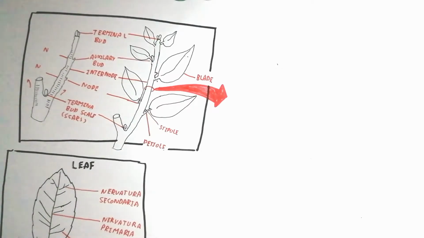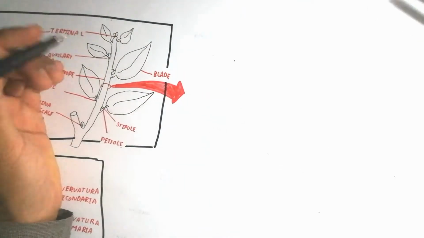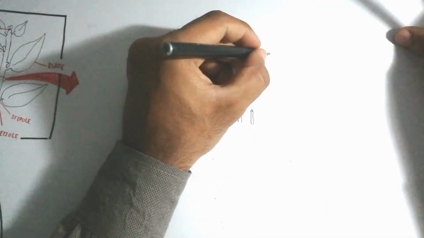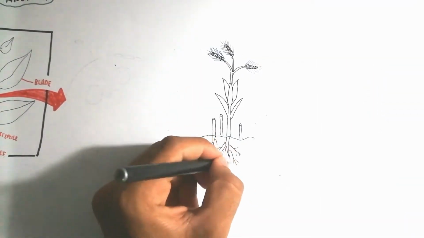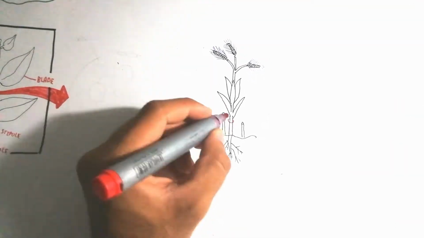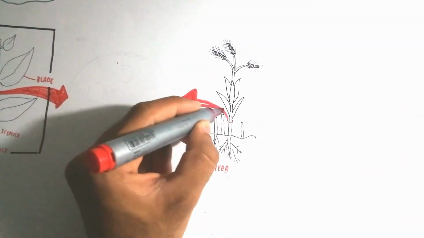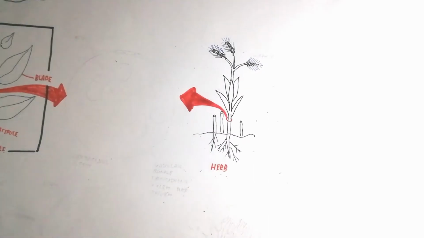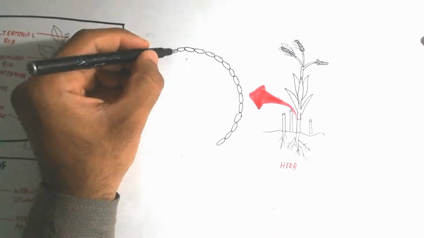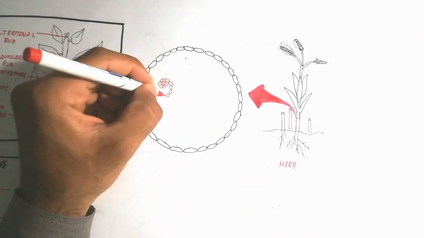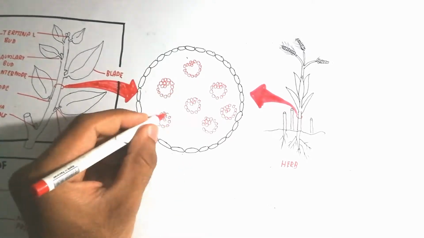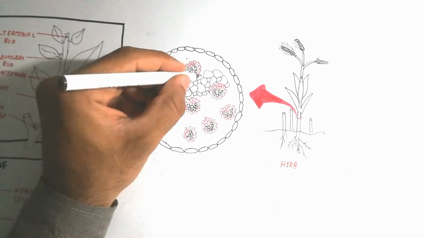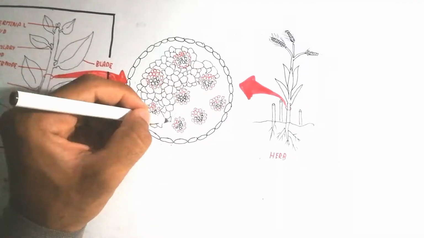A herb is non-woody, with no wood present. Its erection is due to water added into the cells, producing turgidity from water pressure. Here is the wheat plant, Triticum aestivum, its scientific name, a herb, showing the cross section of the stem.